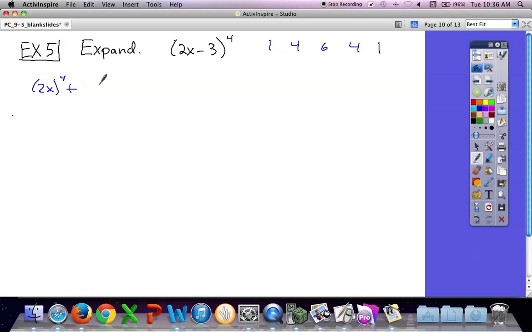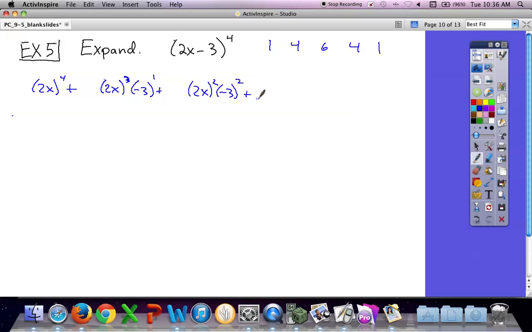The next term will have 2x to the 3rd power, and make sure that the 3rd power is outside parentheses, because it's going to be 2 to the 3rd and x to the 3rd. And it's negative 3 to the 1st power. The next term will be 2x squared, negative 3 squared.